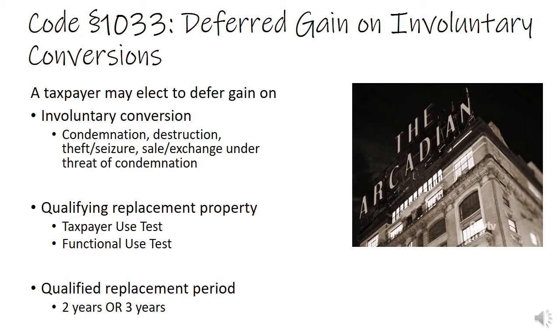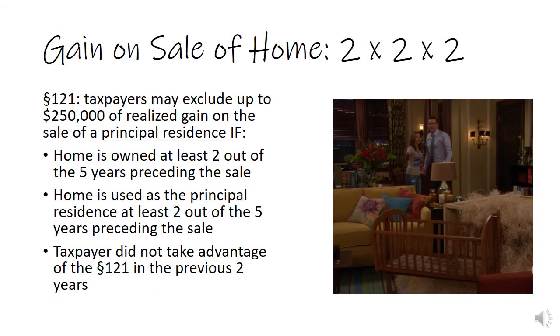As long as the taxpayer replaces the property within 2 years or 3 years of the tax year in which they received the proceeds for the involuntary conversion, they're not required to recognize a gain. And again, losses are never recognized for such a transaction.